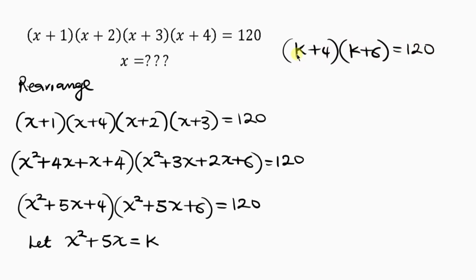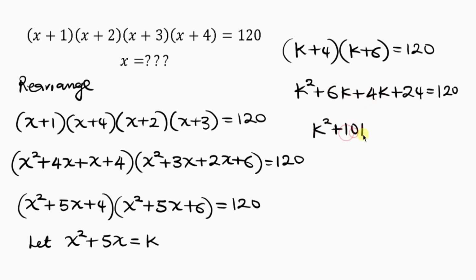So let's go ahead and expand this bracket. So k times k, that's k squared, plus k times 6, that's 6k, plus 4 times k, that's 4k, and now plus 4 times 6, that's 24, equal to 120. So on simplifying, I'll have k squared plus 6k plus 4k, that's 10k, now plus 24.